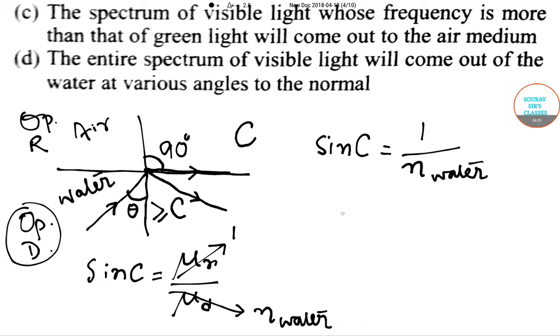But at the same time, we also know that n of water is equal to A plus B divided by lambda square, where A and B are constants and lambda represents the wavelength.